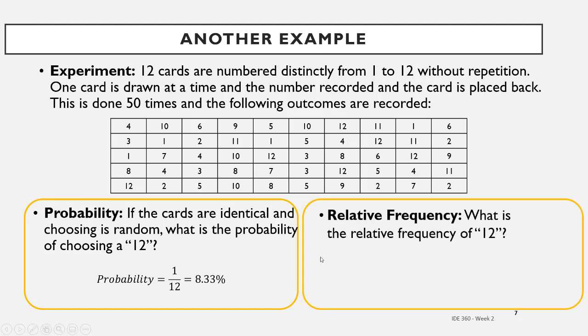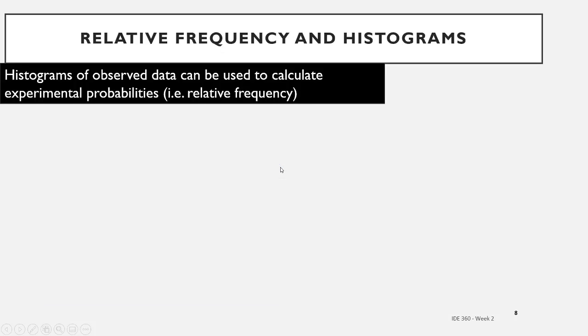On the other hand, the relative frequency will require you to count how many 12s you have in the actual results and see how many of those over 50 is the relative frequency, which is 12%. So you see there is still disparity between these two probabilities, but if we keep drawing a card, then these will eventually get to each other.